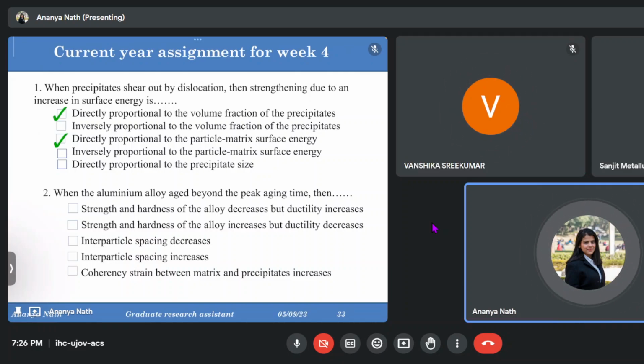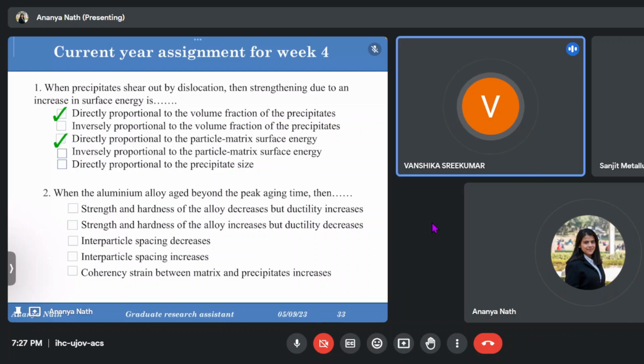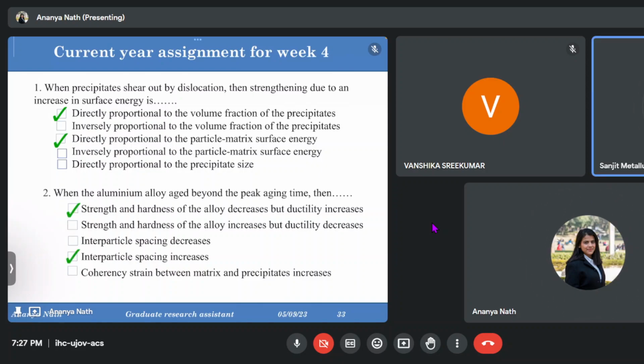It's theta phase for 2000 alloys; for 6000, 7000, 8000 series they are designated differently, like eta, beta, gamma. So what will be the answer? Strength and hardness decrease, ductility increases, and interparticle distance or spacing also increases.